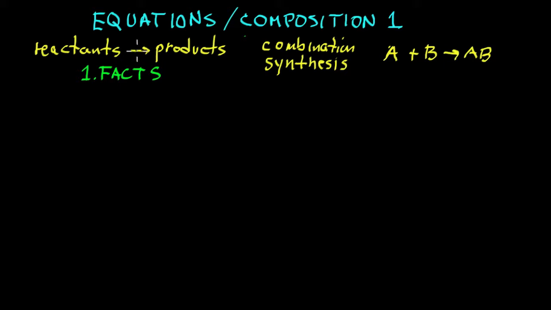You could have a catalyst, temperatures or pressures, the states of matter: solids, liquids, gas, or aqueous. Facts are important because you can write an equation and it may not be an equation that actually will even happen. So you have to get the facts that it happens.